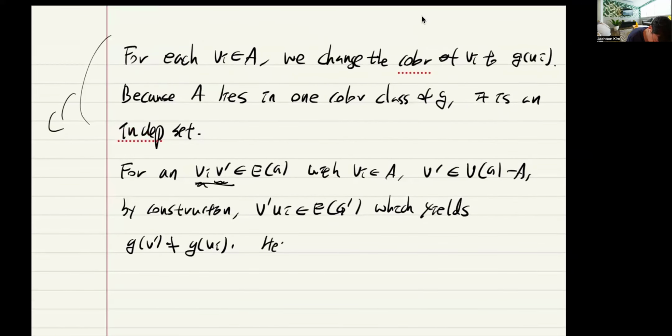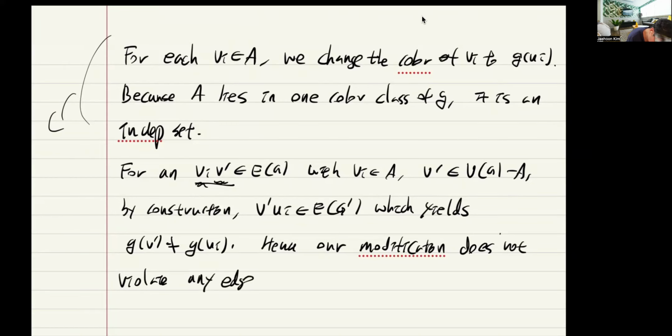Hence our modified coloring, our modification, does not violate any edge within G.